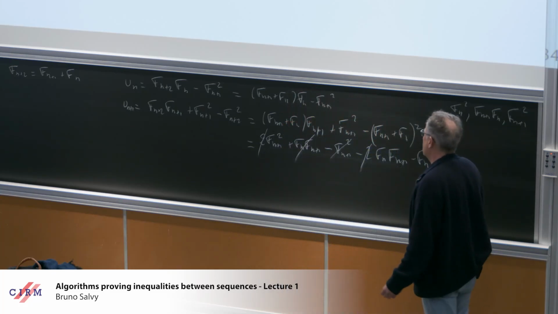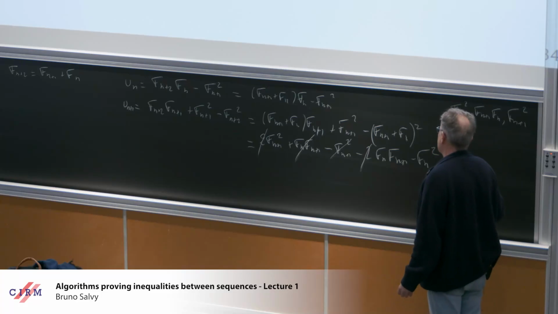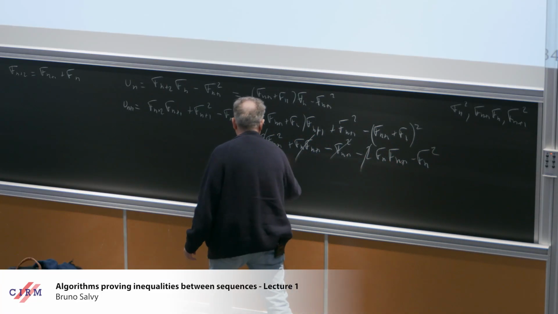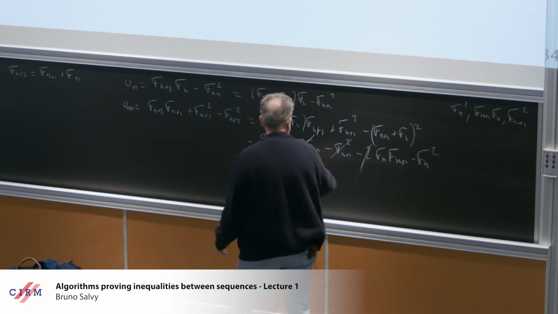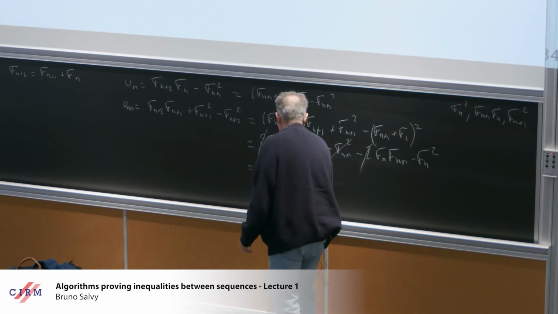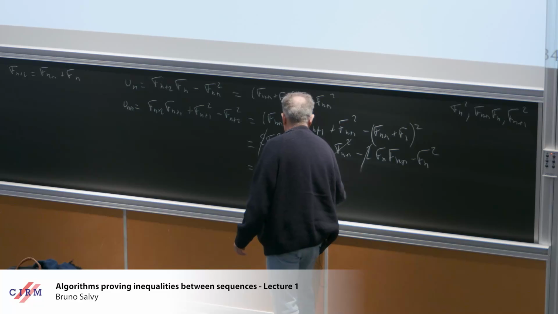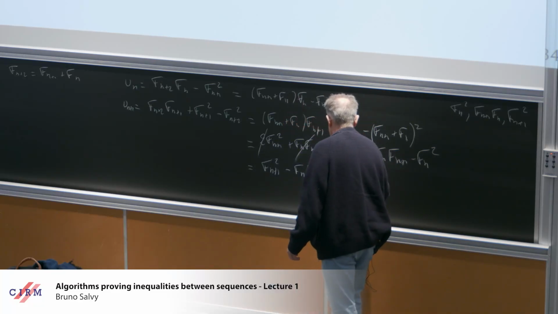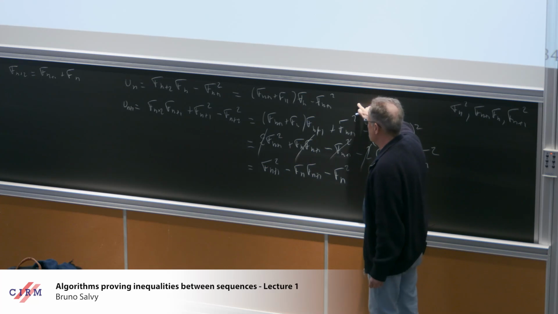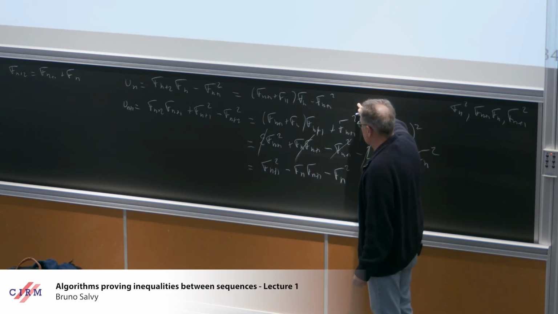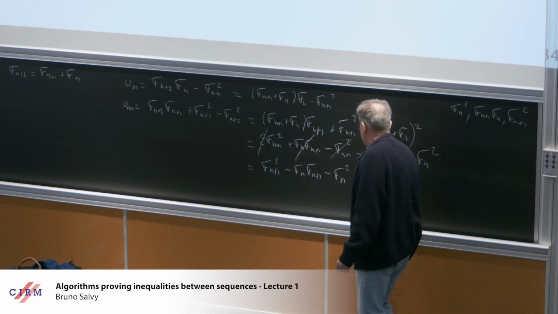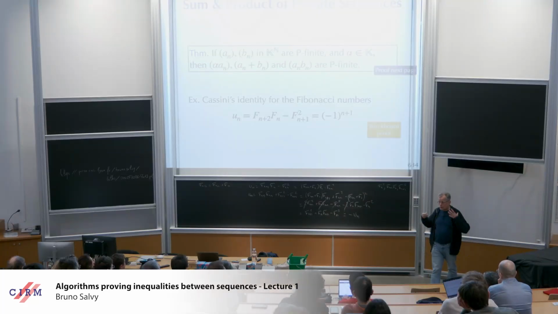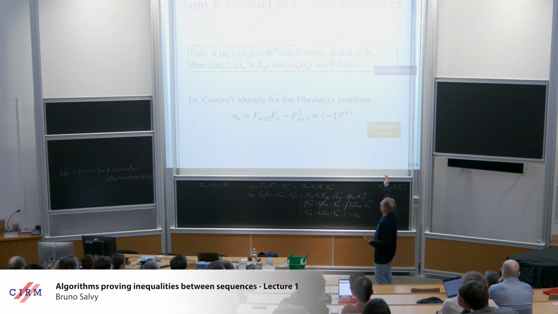So I get, in the end, fn plus 1 squared minus fn plus 1 minus fn squared. And if you look here, you see that it's exactly minus un. So you found a linear dependency, and you've proved Cassini's identity.